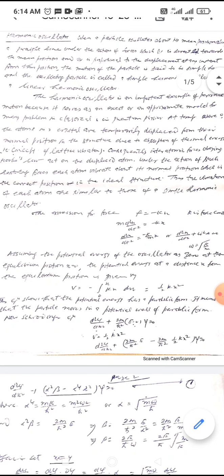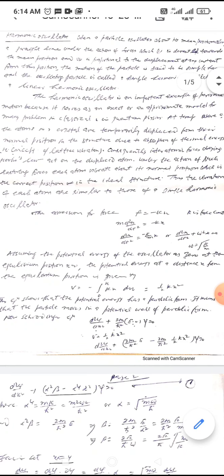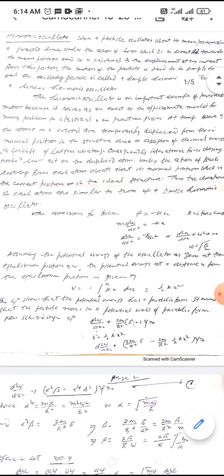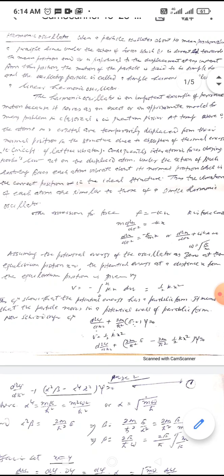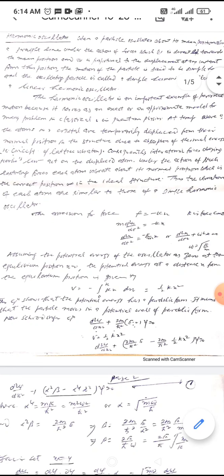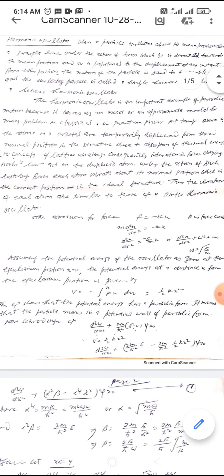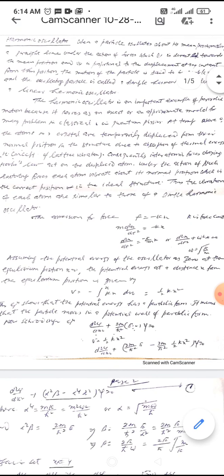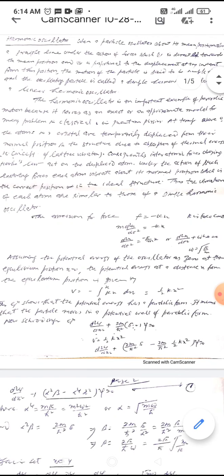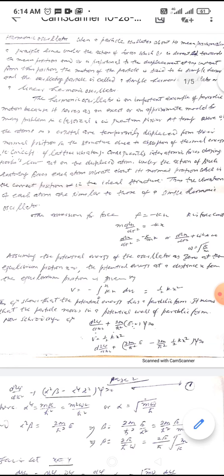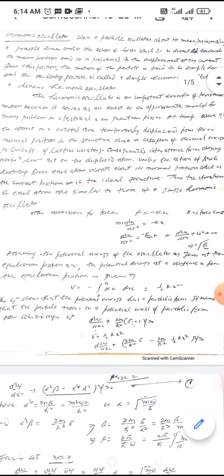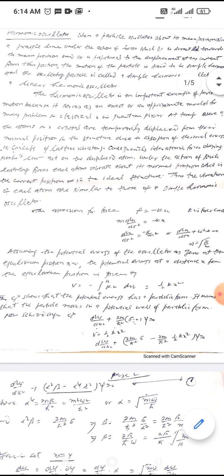That is the concept of lattice vibration, and consequently interatomic forces obeying Hooke's law act on the displaced atom. Under the action of such restoring force, each atom vibrates about its normal position, which is the correct position in the ideal structure. Thus, the vibration of each atom is similar to that of a simple harmonic oscillator.